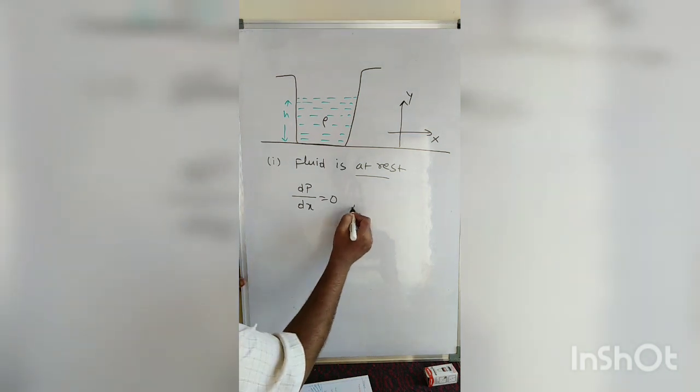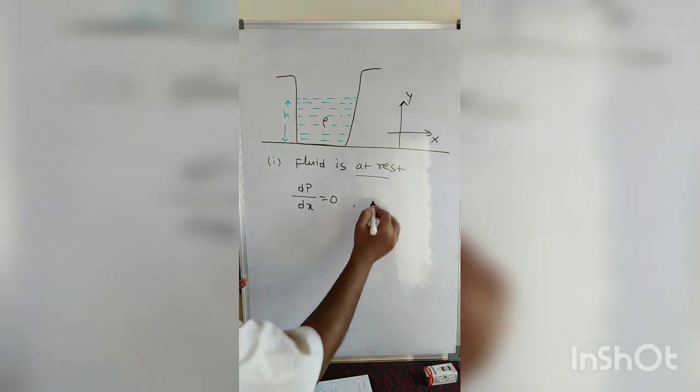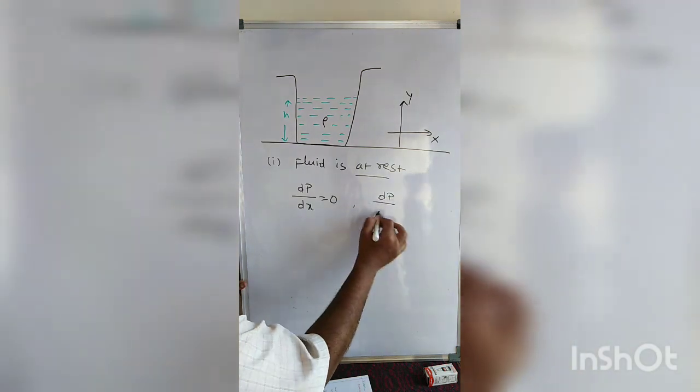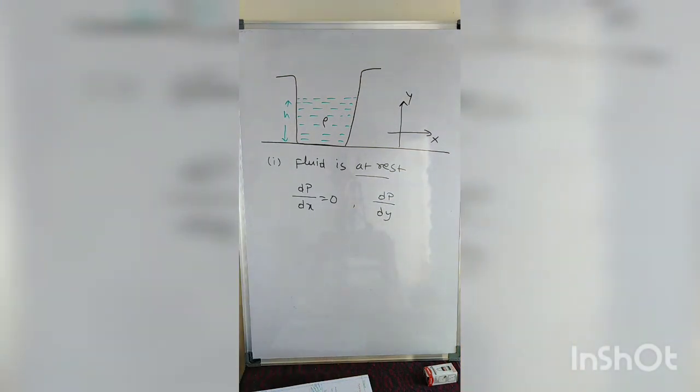Now let us look along the y-axis, dP by dy. What is the reference point here? The reference point for us every time is the topmost point. So along the y-axis, this one is 0.